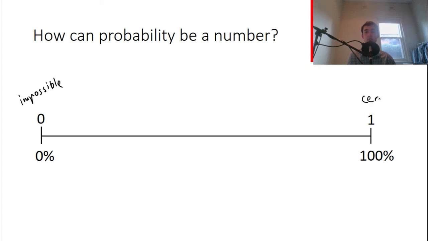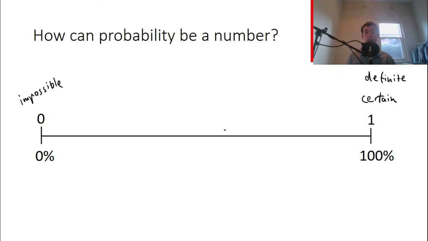And we've got certain or definite. Now, something that's certain or definite has a probability of 1 or 100%. And hopefully this makes sense. If the probability is 100%, it's 100% going to happen. You can hear people saying that. And if there's a 0% chance, it's impossible.